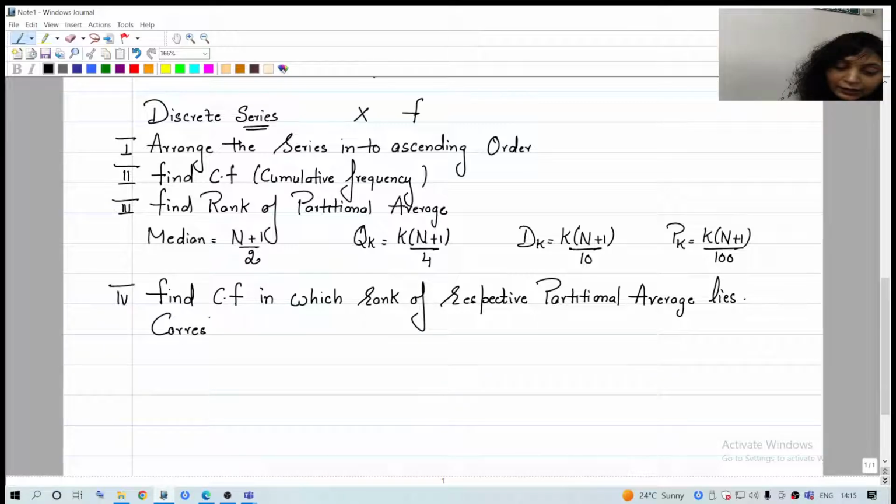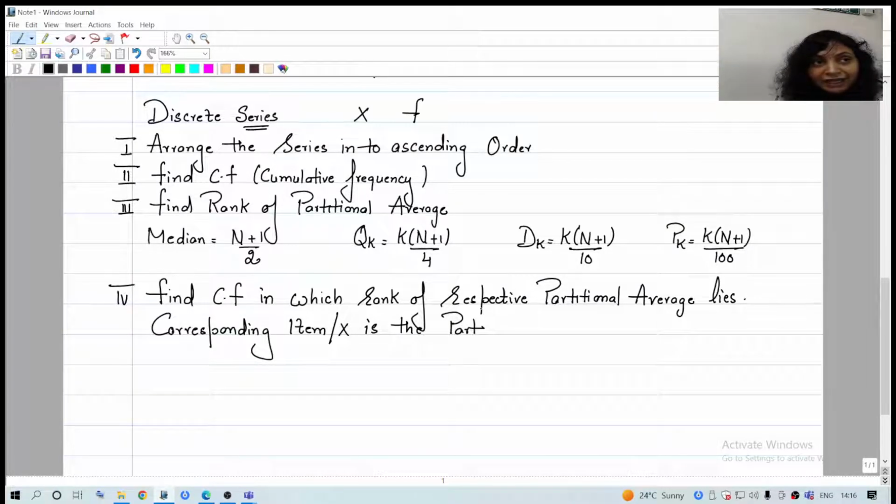The corresponding item or X is the partitional average. So the CF in which your rank lies, the item corresponding to that CF, that is your partitional average. That means median, Q1, Q3, anything you are finding out, that will be the respective partitional average. So this is the method how you can find partitional average in case of discrete series.